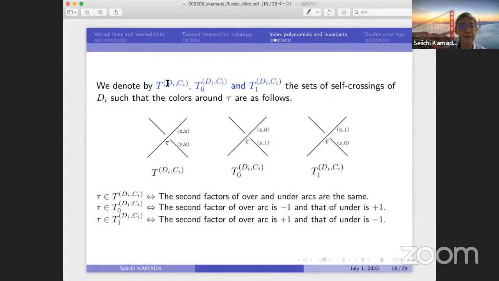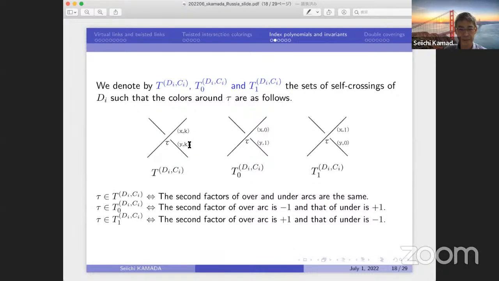And we denote T, T0 and T1. They depend on the coloring. These are sets of self-crossings of Di such that the colors around tau are as follows. Tau is in T if the second factors of the over and under arcs are the same.